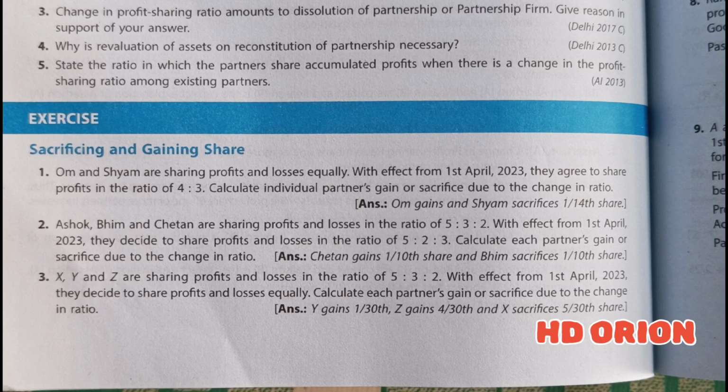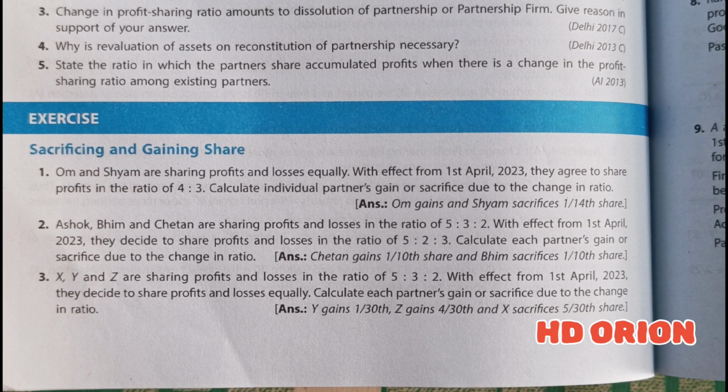So we have to calculate what is the portion of profit which a partner has sacrificed, which has led to gain to other partner. And one should also understand that gaining and sacrificing are always equal. And calculation of sacrificing and gaining ratio is also important in the treatment of goodwill, in the treatment of several types of reserves.